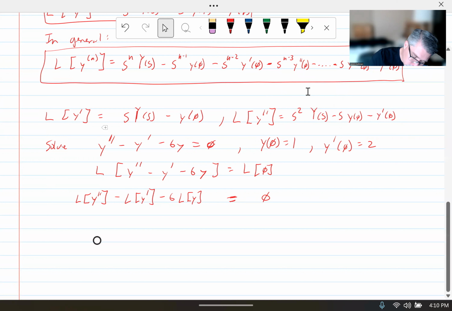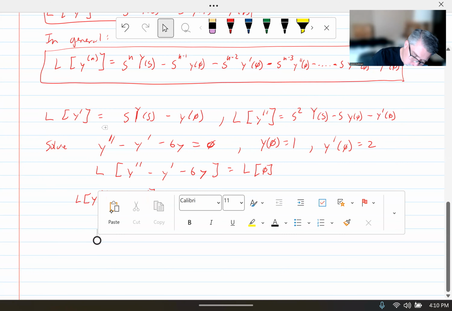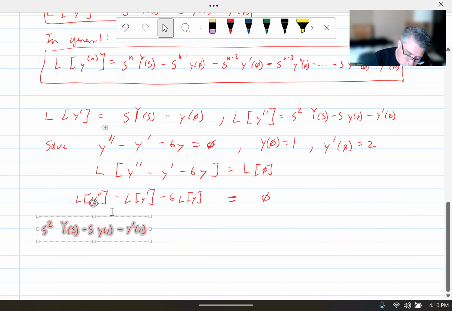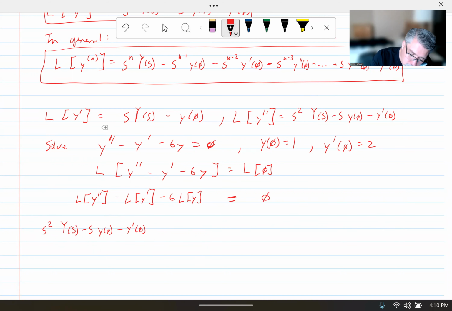Copy. Let's bring it down here and see if I can paste it. Okay, yes, that's nice. So that's L double prime, minus L prime, maybe I'll just write that because it's only two terms, minus L of y prime, which is S y of S minus y naught, minus 6 times L of y.